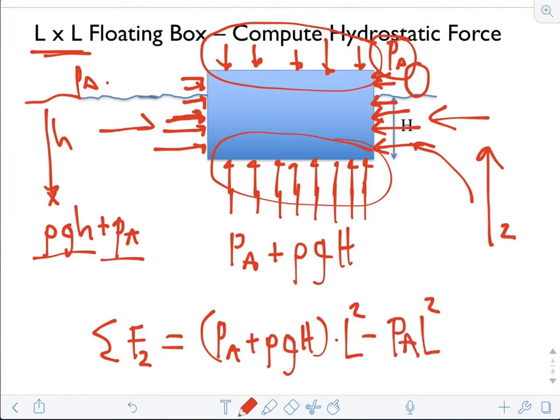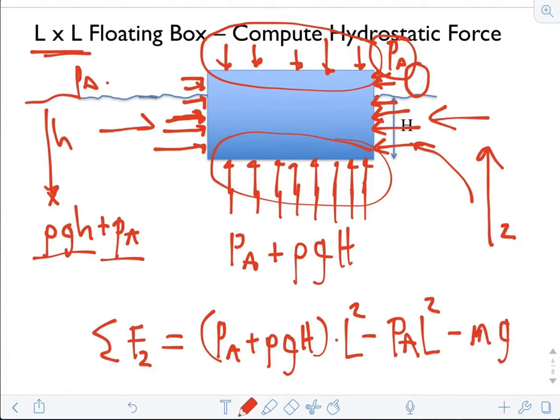And the other force we have in here is the weight of the box itself, minus mg, where m is the mass of this box, and g is the gravitational acceleration.